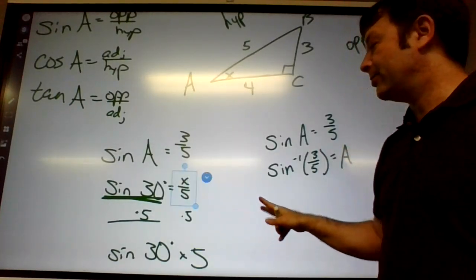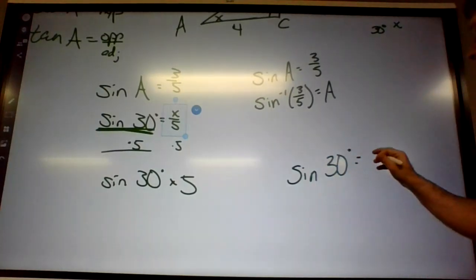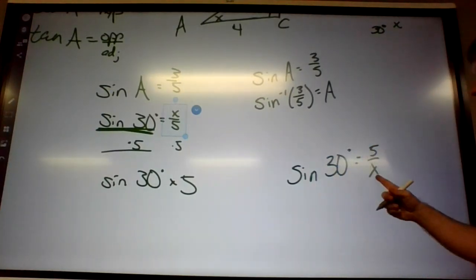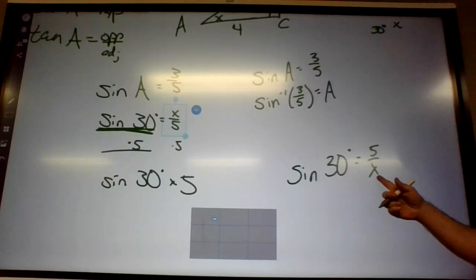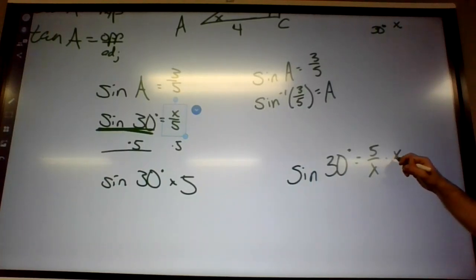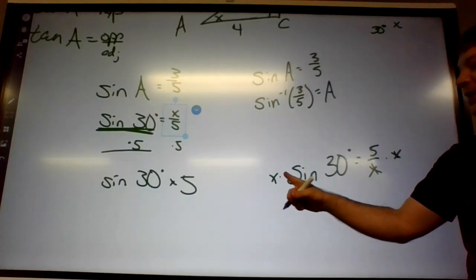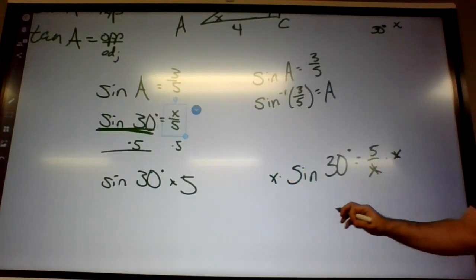Find the missing side. By the way, if it was sine of 30 equals 5 over x, instead of x over 5, how do we do it when the x is on the bottom? If you multiply both sides by x, this just goes away. But then to solve for x, you'd have to divide by sine of 30.